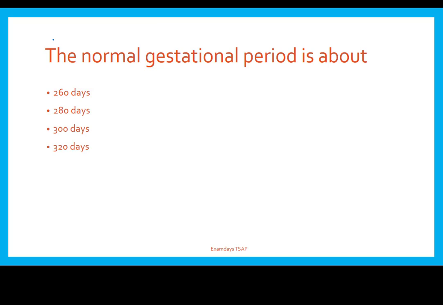The normal gestational period is about 260 days, 280 days, or 360 days. The normal gestational period is almost 280 days.